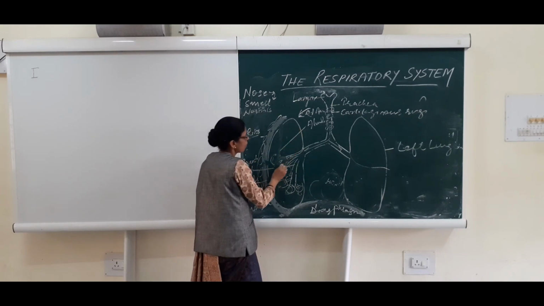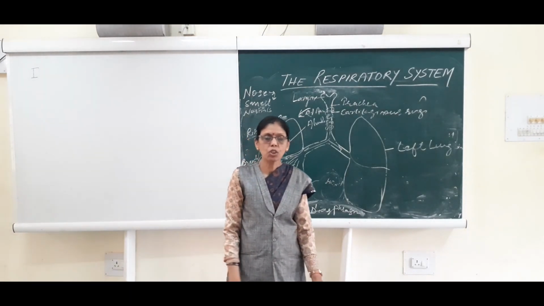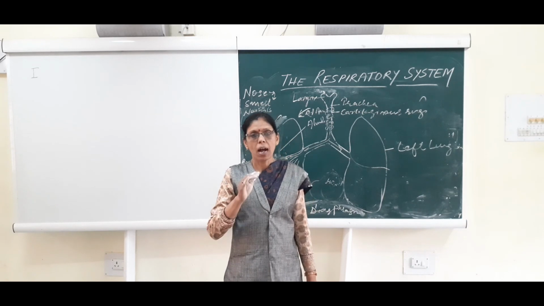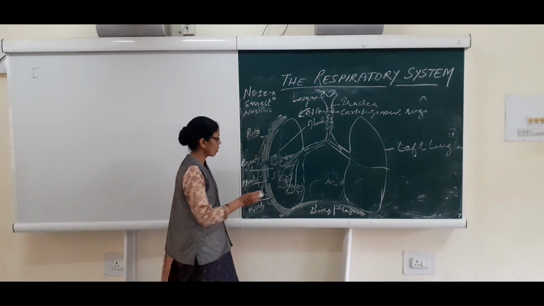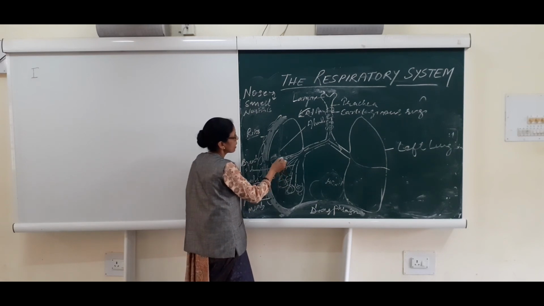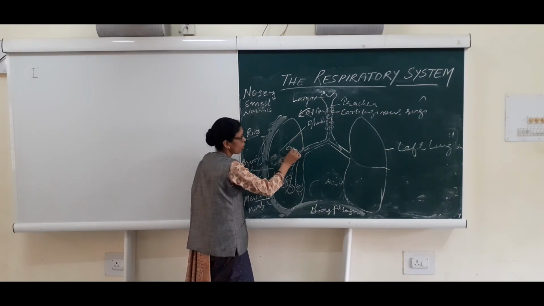Here, alveoli are already filled with oxygen. They are richly supplied with blood vessels. The gases exchange. It is the tendency of gases to move from higher concentration to lower concentration. Now see what happens: these alveoli have more oxygen, and blood which is coming from the heart has more carbon dioxide.